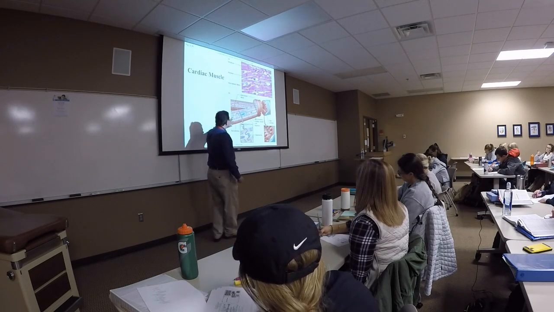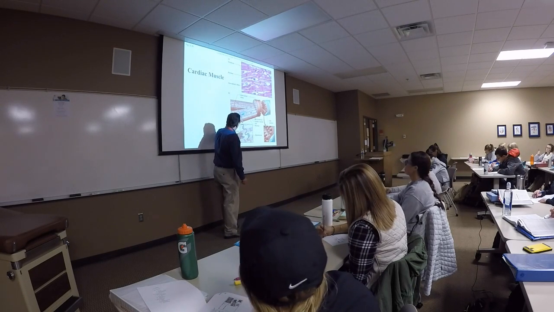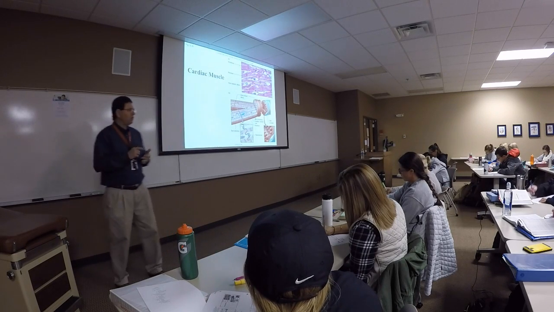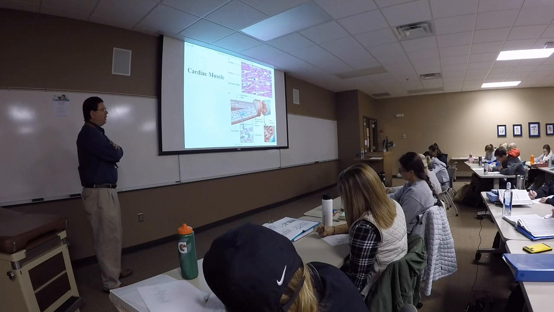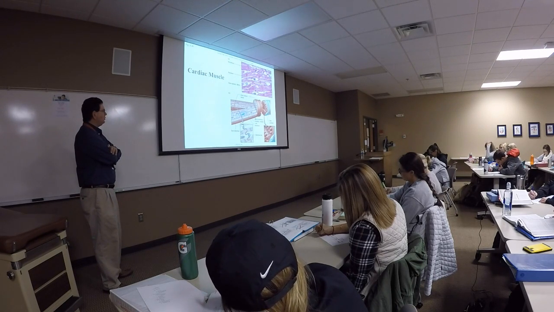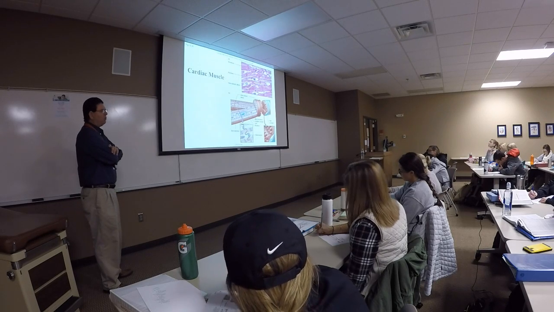And it's striated. You have thick filaments and thin filaments. The cross-bridge interaction is very, very similar to what you have with skeletal muscle. You have troponin, you have tropomyosin.